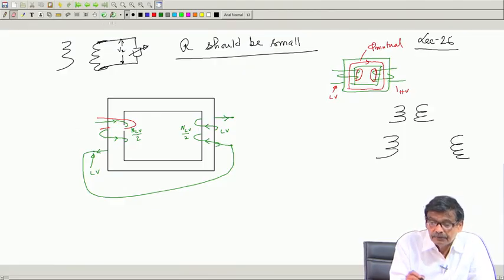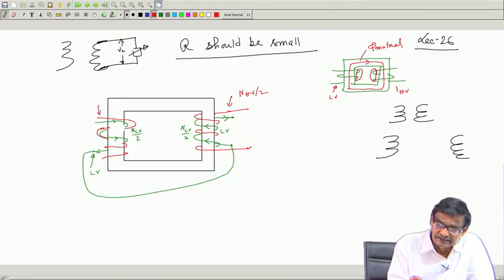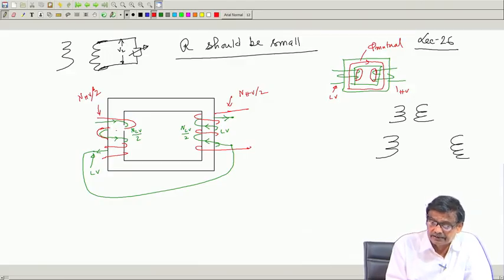So, you make the LV winding, half of LV winding here, then half of LV winding there, over which the HV winding. So, this red one is N HV by 2, this red one is N HV by 2, and these two halves you connect them in series properly, so that fluxes are produced in the same direction when they carry current.